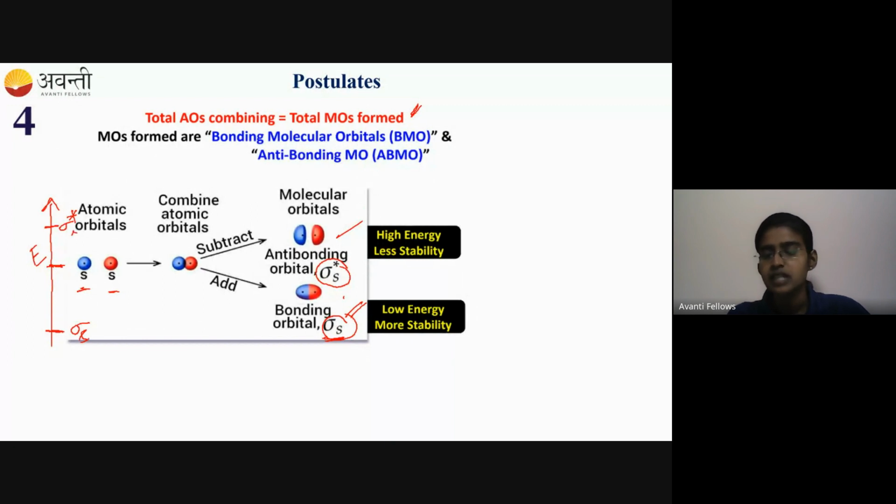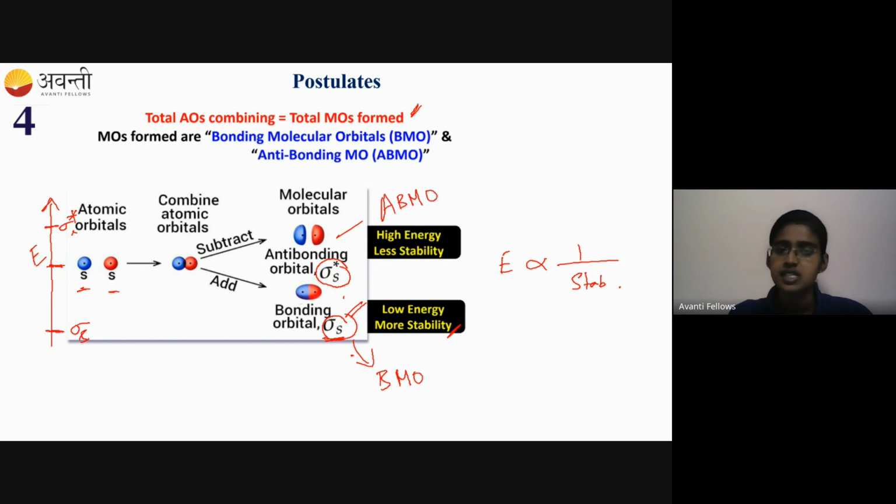Here sigma s is lower in energy compared to the atomic orbital, so those orbitals are called bonding molecular orbitals. Energy will be very low and the stability is more, because energy and stability are inversely proportional. The one which is higher in energy than the atomic orbital is the anti-bonding molecular orbital. Since the energy is very high, stability is very low. Is this clear for all?